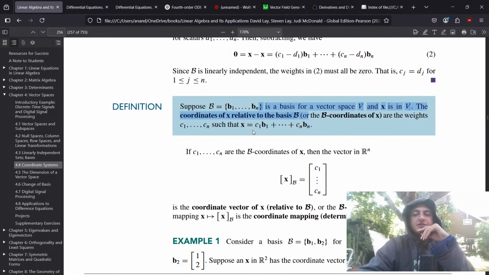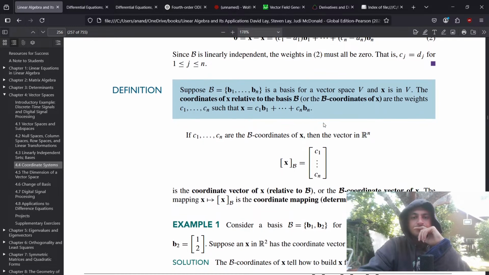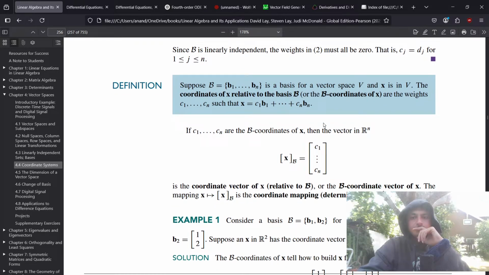Okay, now another definition. Suppose B equal to b1 to bn is a basis for V and x is in V. The coordinates of x relative to the basis B, otherwise known as the B coordinates of x, are the weights c1 to cn such that x is equal to c1 b1 plus through cn bn.